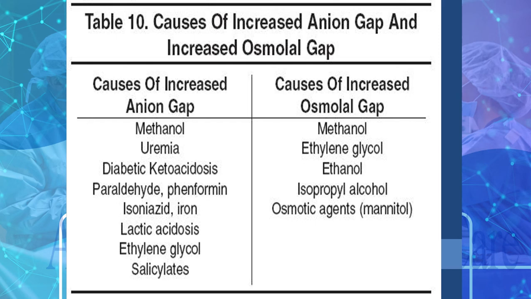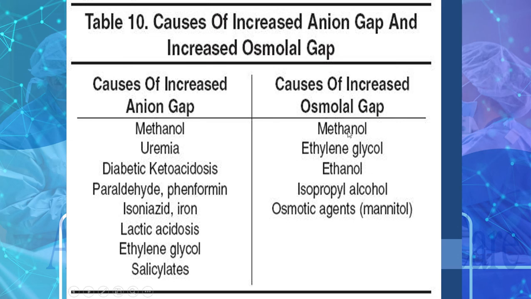So this is the table comparing the causes of increased anion gap and the causes of increased osmolar gap. Causes of increased anion gap: methanol, uremia, diabetic ketoacidosis, paraldehyde, phenformin, isoniazid, iron, lactic acidosis, ethylene glycol, and salicylates.